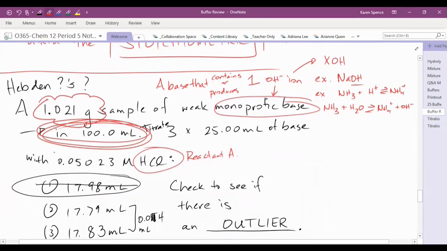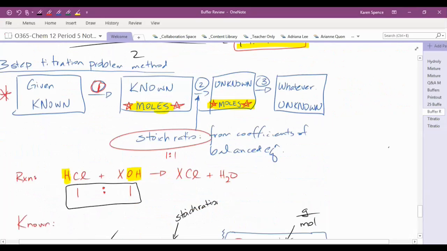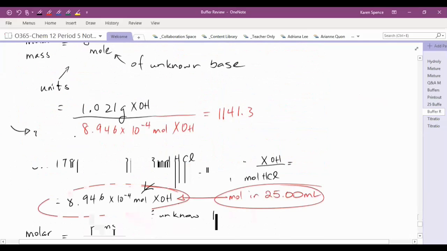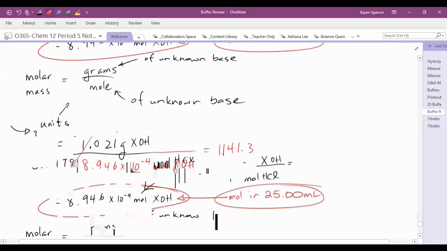So if I know the moles in 25 milliliters, then I will also know the moles in 100 milliliters. So this right here is incorrect.